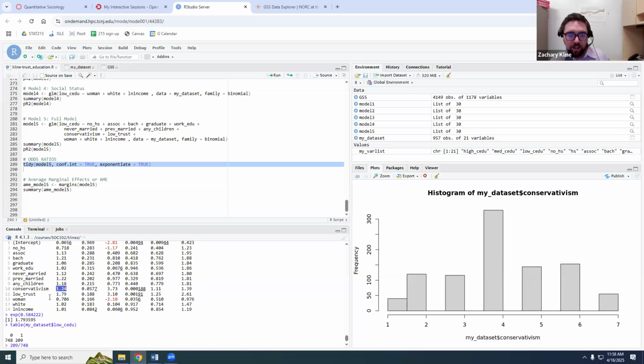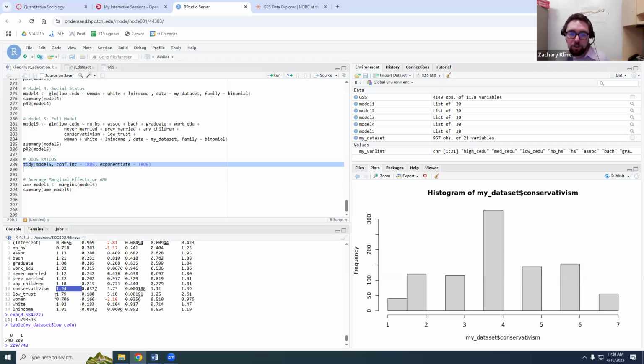The other one here, 1.24, is the change in odds for each additional point of conservatism. This is where it can get a little tricky, because if you were to say 3 additional points of conservatism, we couldn't just take this 24% and multiply it by 3, because it'd be a percent change off of a new baseline percent.